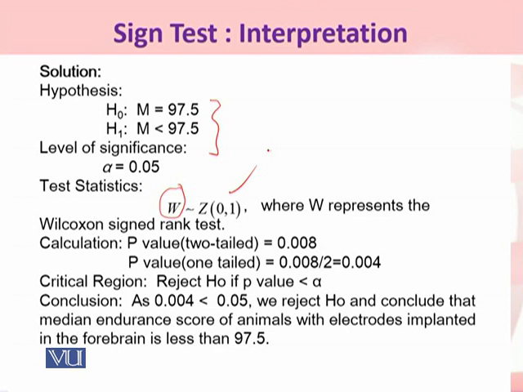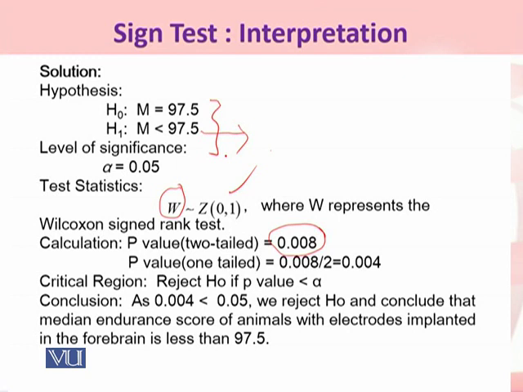We have obtained the calculated p-value from SPSS, and it comes out to be 0.008. Usually SPSS provides the two-tailed p-value. But students, if you look at the alternative hypothesis we formulated, it is one-tailed.